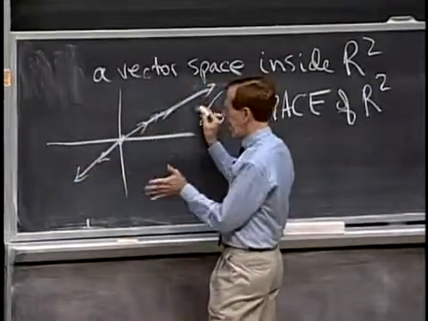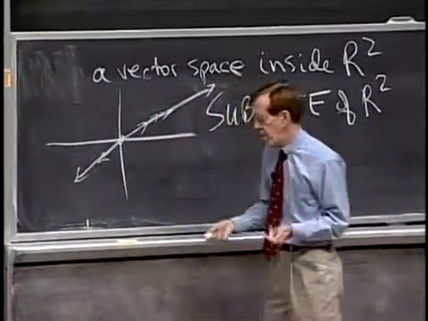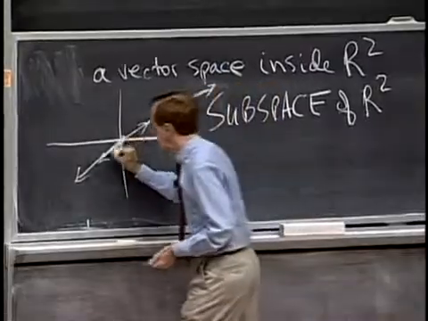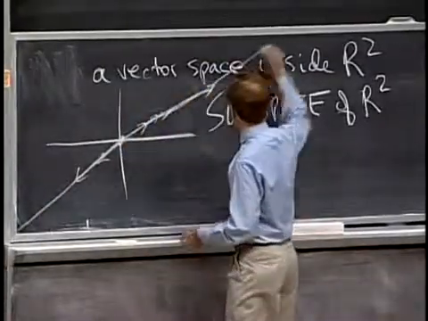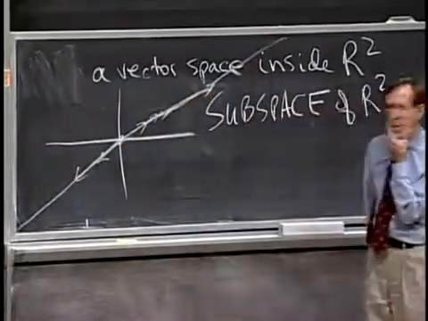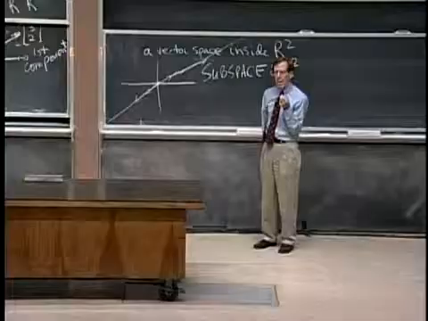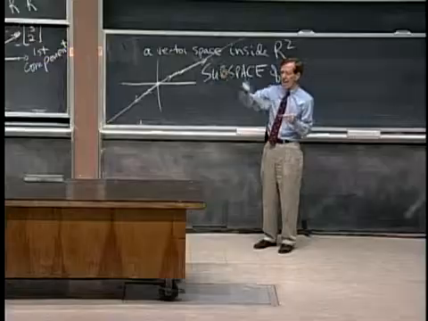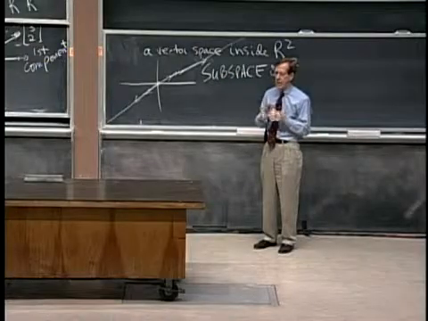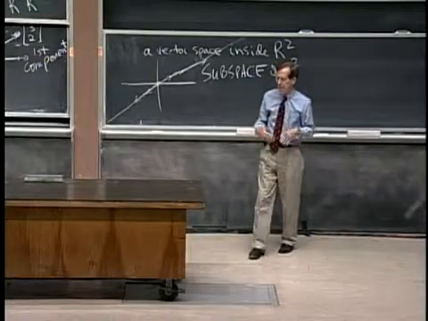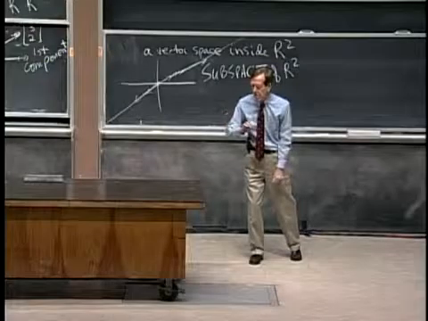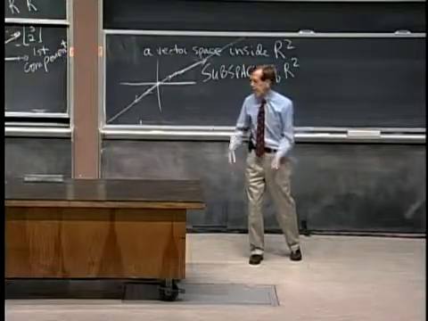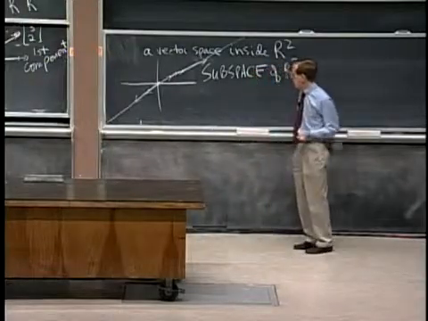I have to be able to multiply by any number. So that is going to say that I have to have that whole line. Do you see that? Once I get a vector in there, I've got the whole line of all multiples of that vector. I can't have a vector space without extending to get those multiples in there.